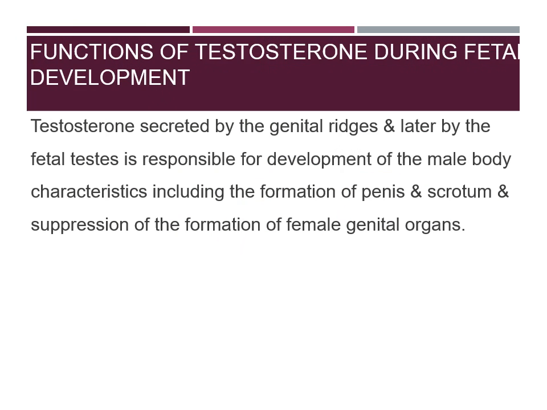The main functions of testosterone released during fetal and neonatal life is that testosterone secreted by the genital ridges in the first 7 weeks of gestation and the testosterone secreted in the last trimester is responsible for development of the male body characteristics, including formation of penis and scrotum.